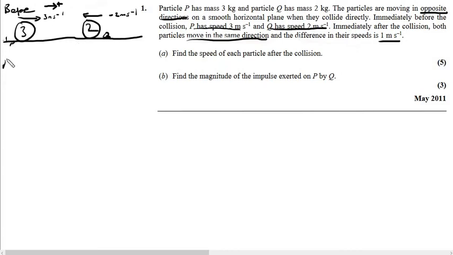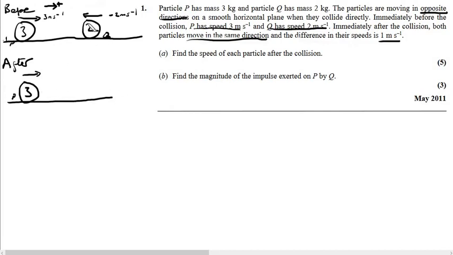And so after the collision, I'm going to assume that P's direction remains the same, because it starts out with a larger mass and a larger velocity. I think that's a reasonably safe assumption.